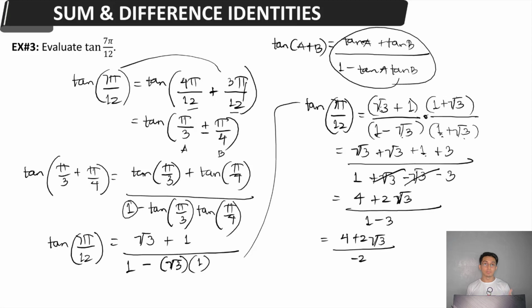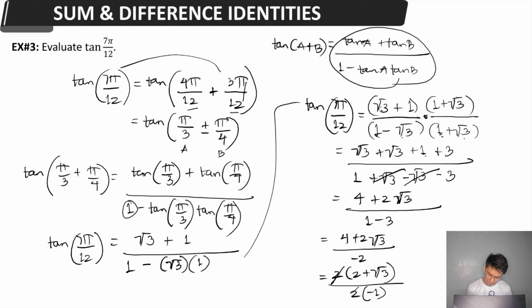Pwede na tong answer, pero pwede pa natin kasi siyang i-simplify. So, i-factor out natin yung 2 sa numerator. 2 is 2 na lang ito, plus square root of 3, over, ganun din dito, factor out natin yung 2. Actually, 2 na yan. This is negative 2. This is 2 and negative 1.